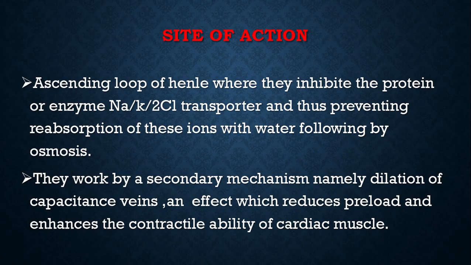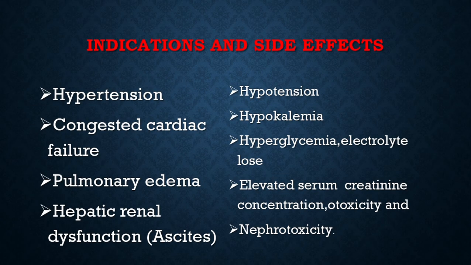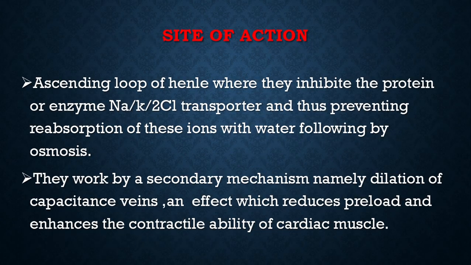So even the preload, the amount of blood going to the heart, is going to be reduced. And when the amount of blood going to the heart is reduced, the contractility of the heart is going to be enhanced or improved. So that was the mechanism of action and the site of action for loop diuretics.